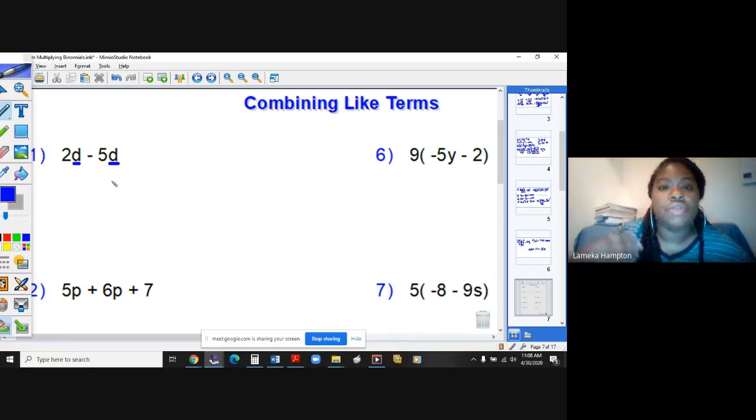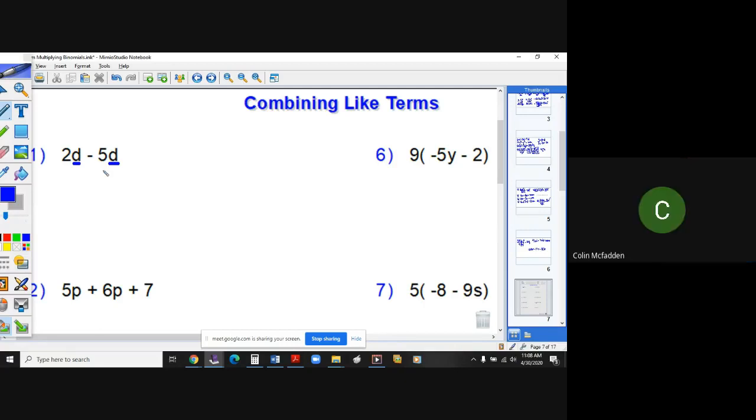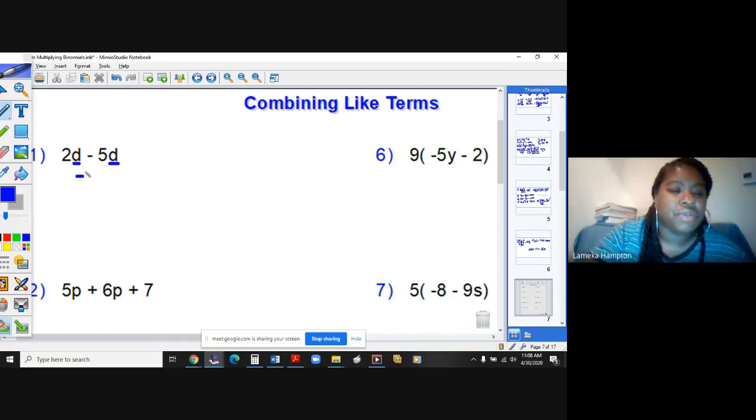Of course, the answer is yes. So what is 2 minus 5? Negative 3D. My answer is negative 3D. That looks ugly, but I'm pretty sure y'all will take that. I'm going to put over here, like terms.